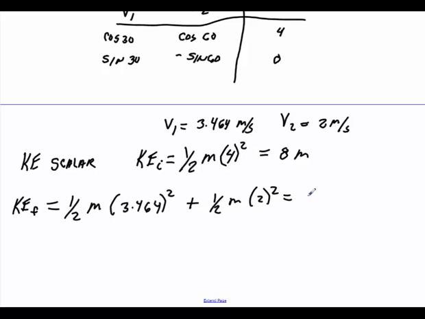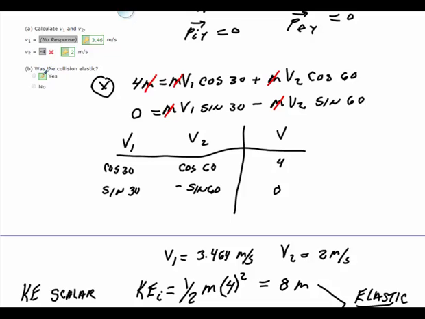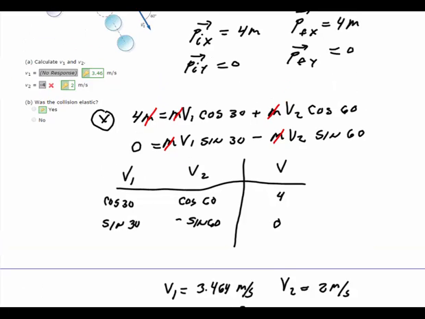Solve that, run that number and you'll get 8m. So the kinetic energy is conserved. If the kinetic energy is conserved, we have an elastic collision. And since I have the answers right here, was it? Yes. Alright, do one more problem.